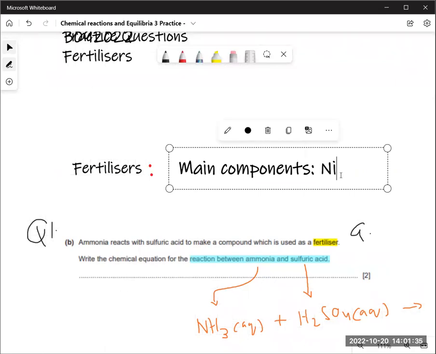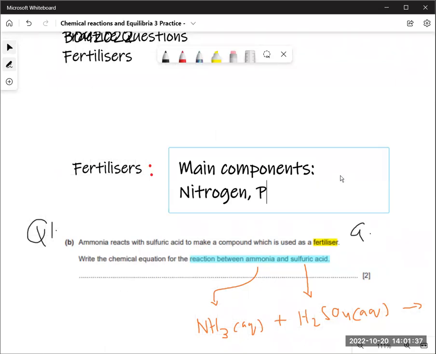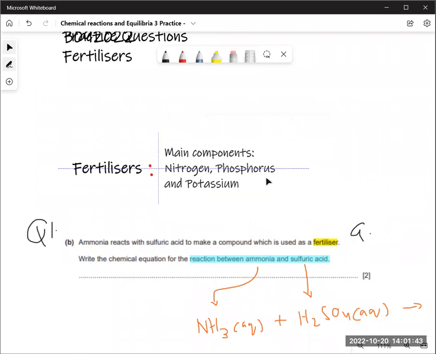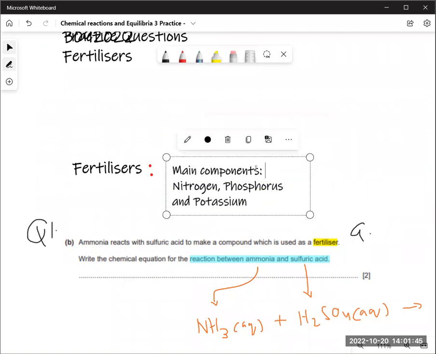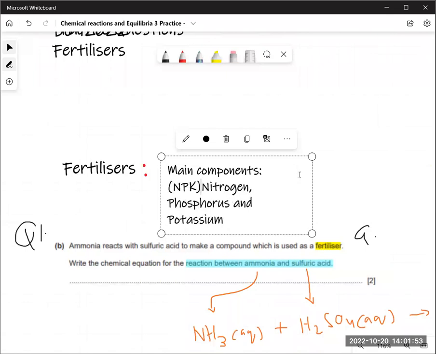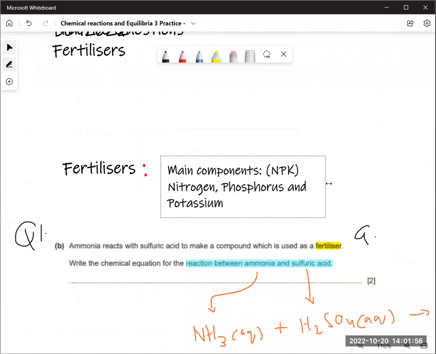Nitrogen, phosphorus, and potassium. And that is why they're called NPK. NPK: nitrogen, phosphorus, and potassium. These are the main components of fertilizers.